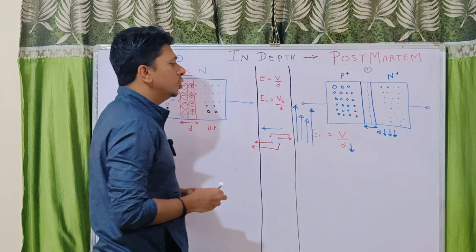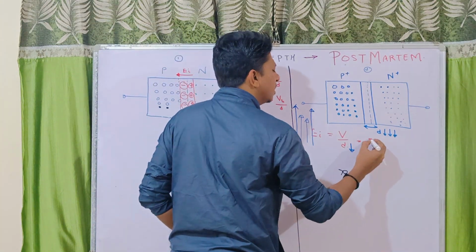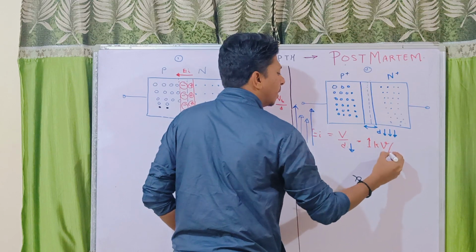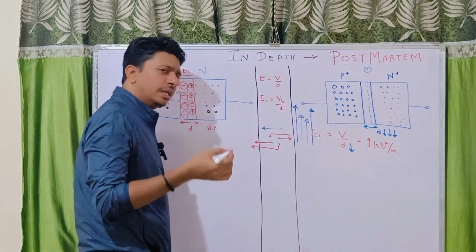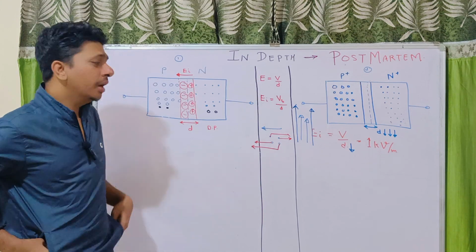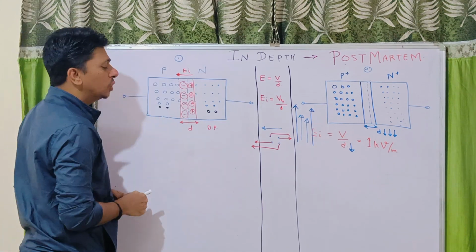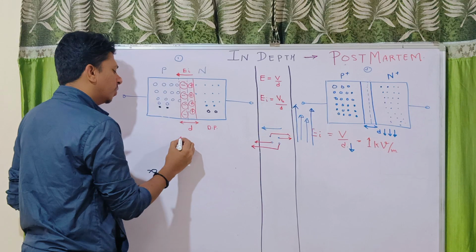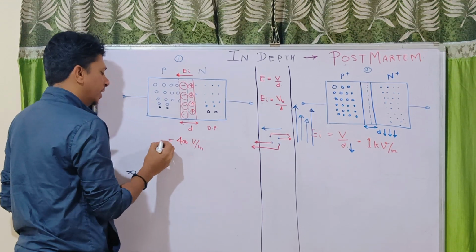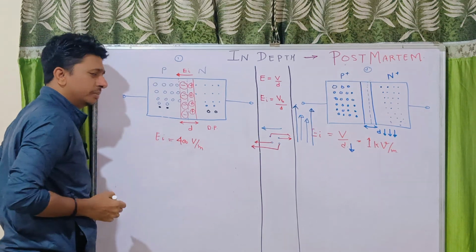Now let us assume this electric field is near about 1 kilovolt per meter. Let us assume very high, 1000 volt per meter. Here the internal electric field is normal. Let me assume 400 volt per meter is the internal electric field.